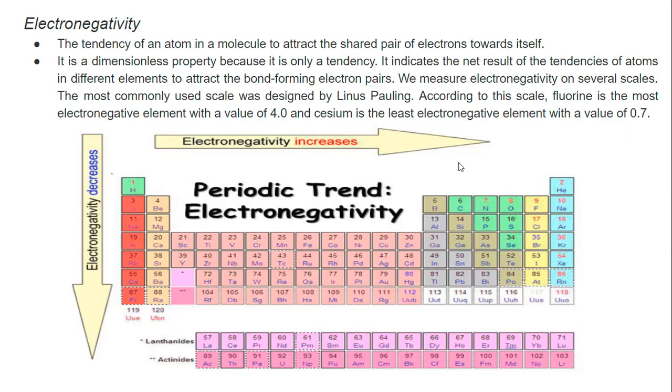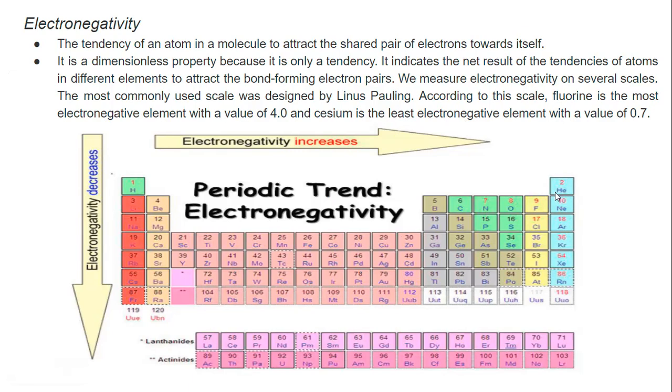Electronegativity increases from left towards right, whereas it decreases from top to bottom, or vice versa, it increases from bottom to top. Fluorine is the element which has the greatest electronegativity.